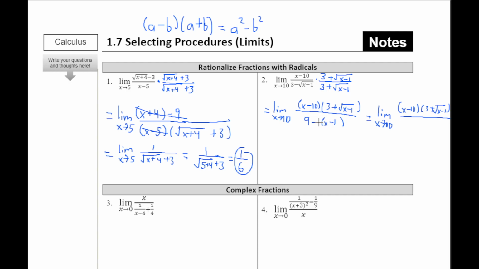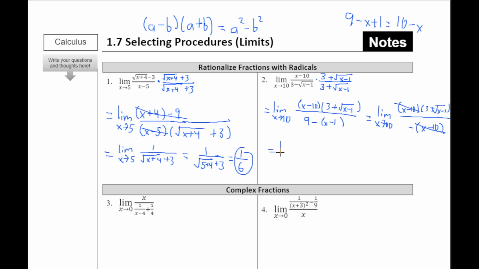If you get rid of the parentheses, it's 9 minus x plus 1, which is equal to 10 minus x. You can write 10 minus x as negative parentheses x minus 10. The reason we're writing it like this is that the x minus 10 will cancel out.